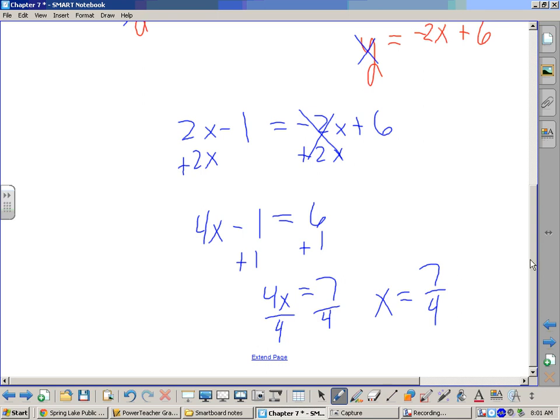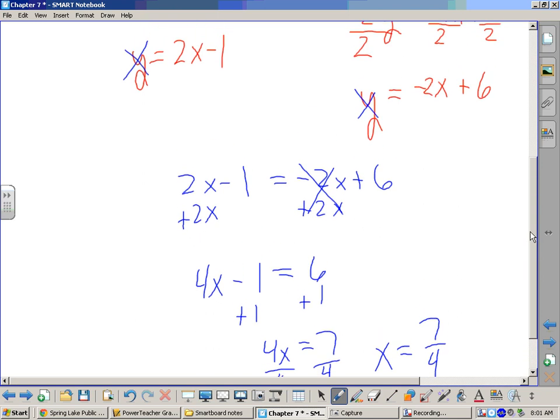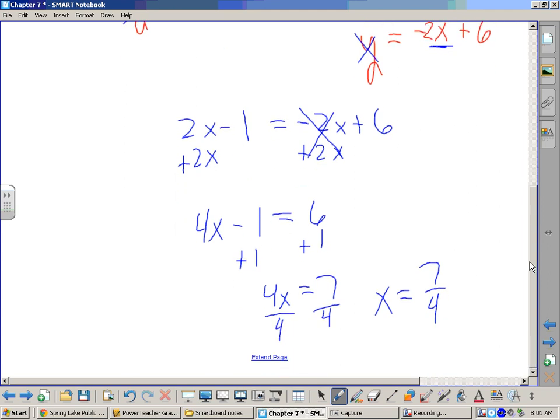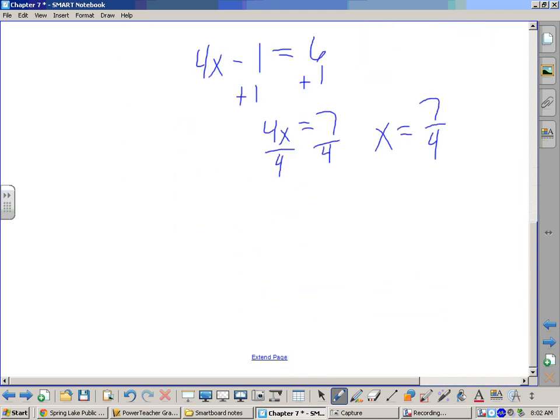So now that we have x equals 7/4, I can take and substitute that in for x in either one of my equations. So I can choose this equation here and put 7/4 in for x, or I can choose this one here and I can put 7/4 in for x. I'm going to use y equals 2x minus 1, and I'm going to put my 7/4 right in there.